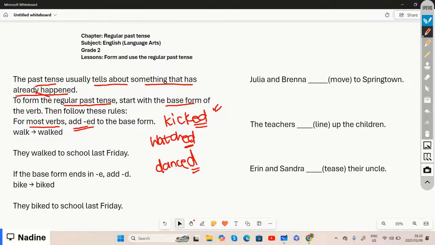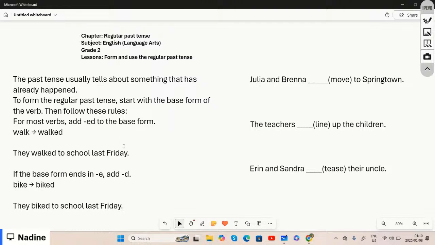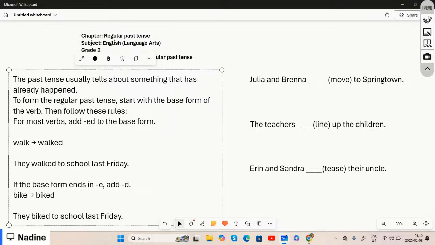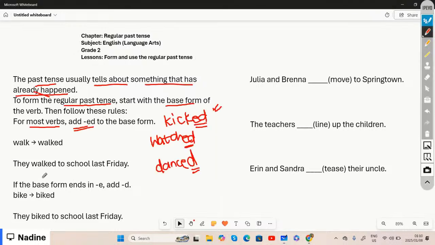And if we look at a few examples, right? It says walk. I walk to school. That is our base form.